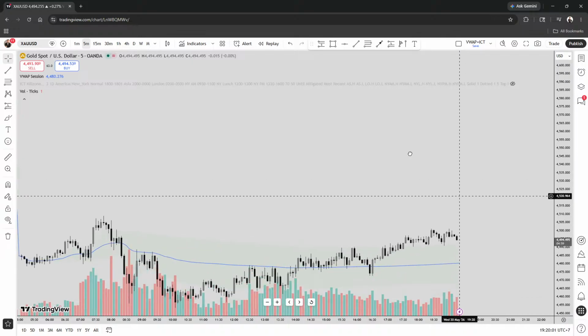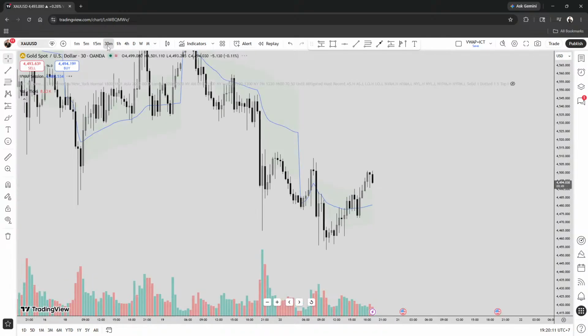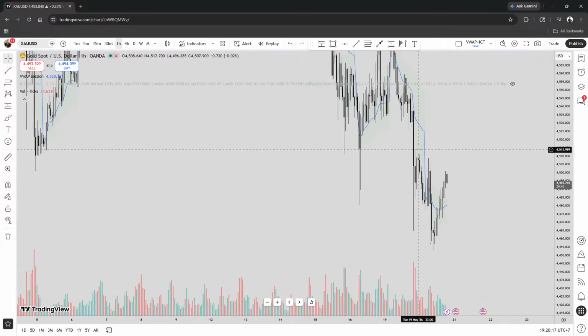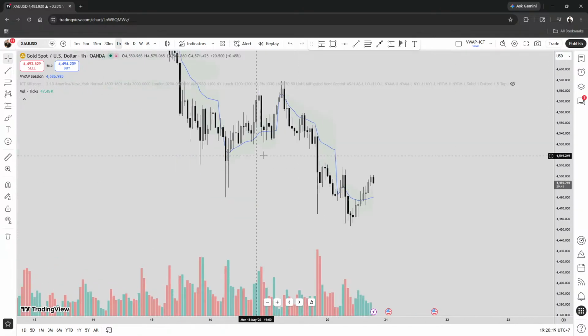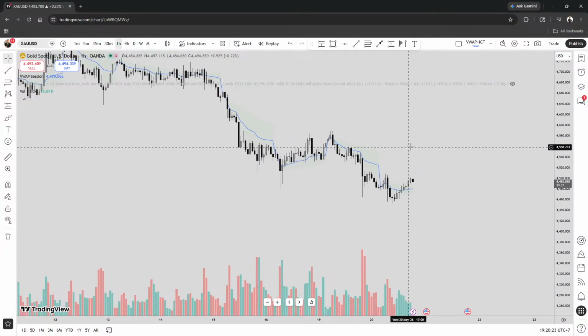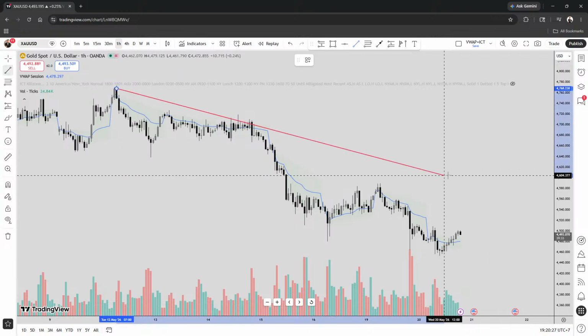Since we will use the 5-minute time frame for our entry, first we have to see the bigger time frame, which you can use a 30-minute candle or 1-hour candle. It depends on your preference. In this case I will use the 1-hour candle. As we can see in the 1-hour time frame here, the trend is very bearish.